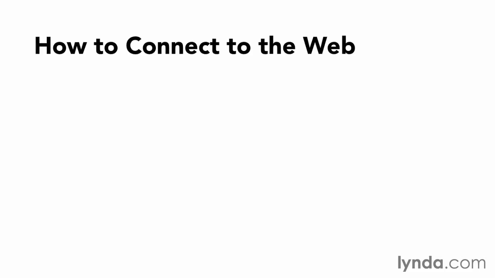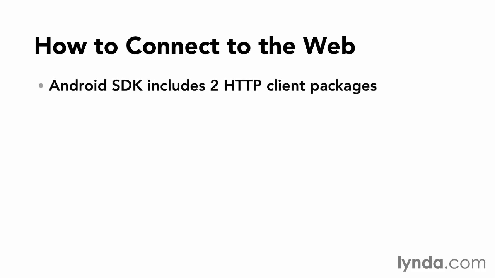To integrate an Android app with a RESTful web service, you'll need to make calls over the network. You can choose from a few different HTTP clients, some that are included with the Android SDK, and some open source libraries that are available from various organizations.